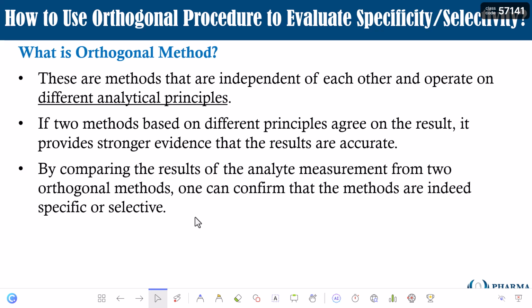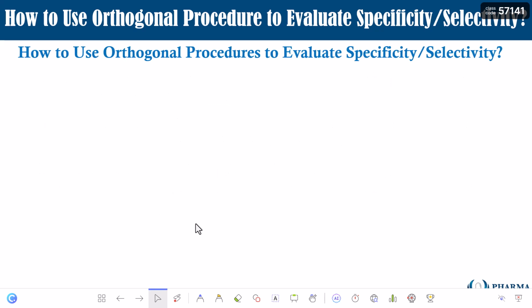Hence, by comparing the results of the analyte measurement from two orthogonal methods, one can confirm that the methods are indeed specific or selective. And this becomes a very solid ground to claim that these two methods are specific or selective. Let us now understand how to use an orthogonal procedure to evaluate specificity or selectivity.